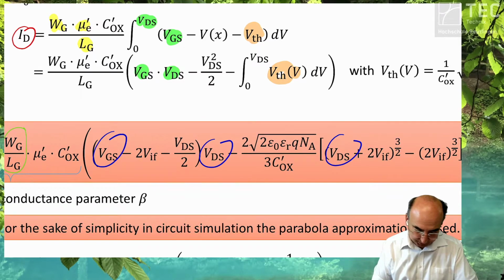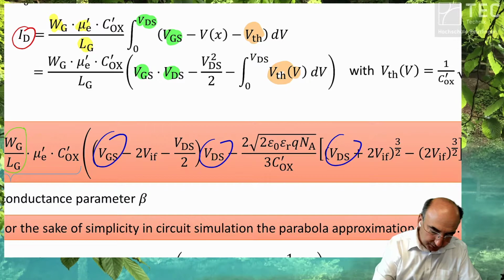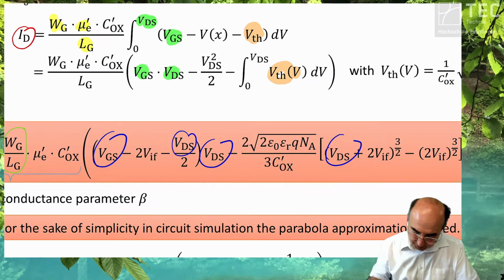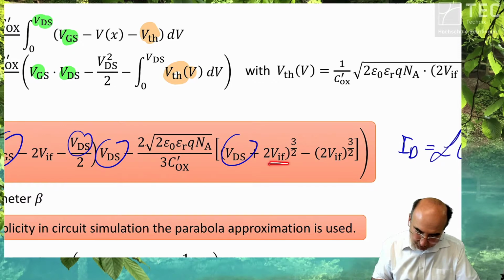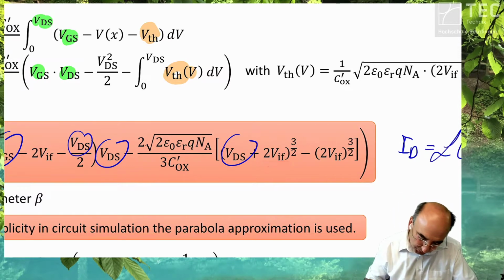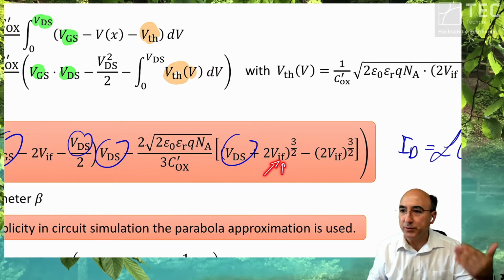But if you increase the drain source voltage, you reduce the current. And there is also some doping dependency because the Fermi level, referred to the intrinsic level, is a function of the doping level.